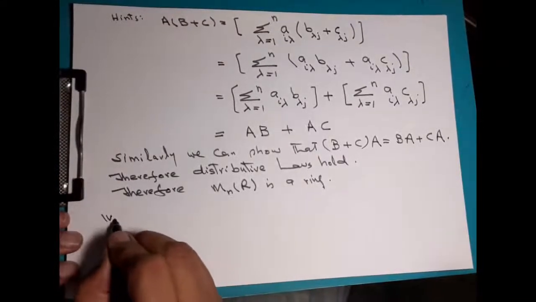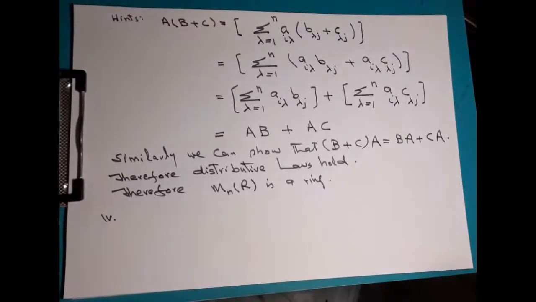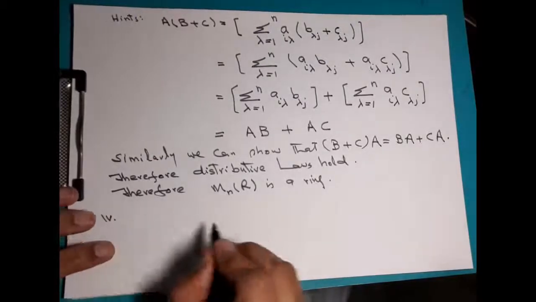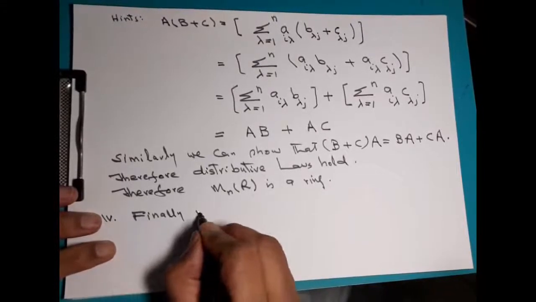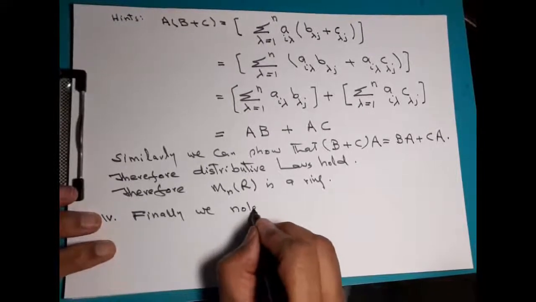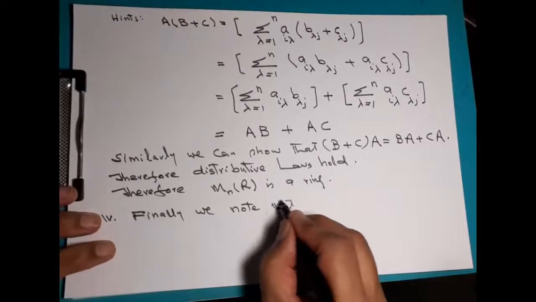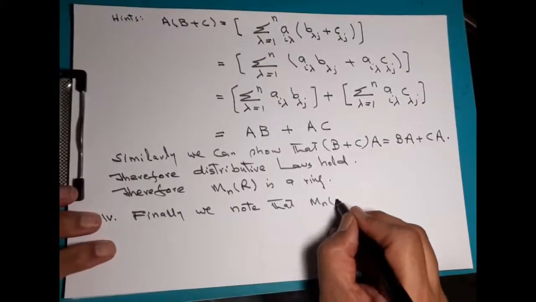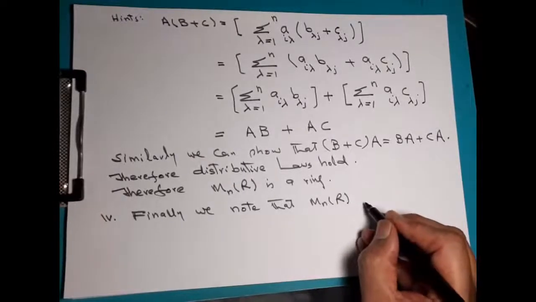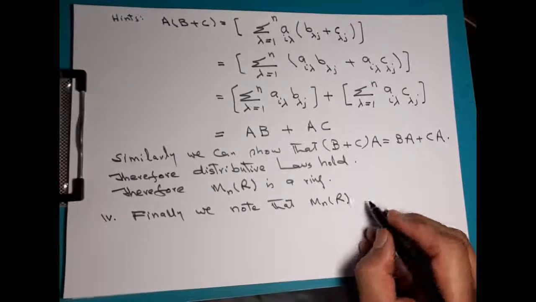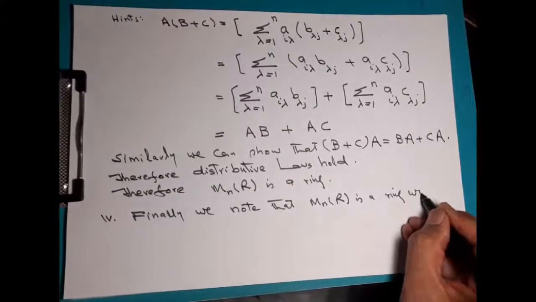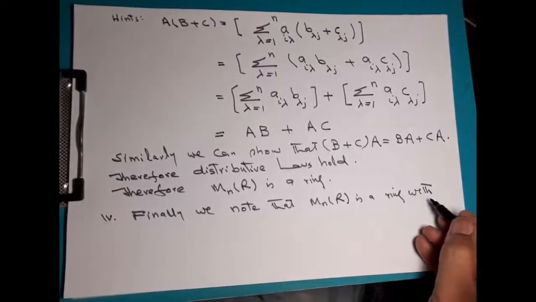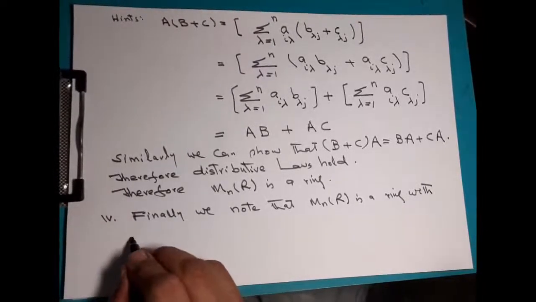So having done that, finally we note that MNR is a ring with identity. Identity means multiplicative identity.